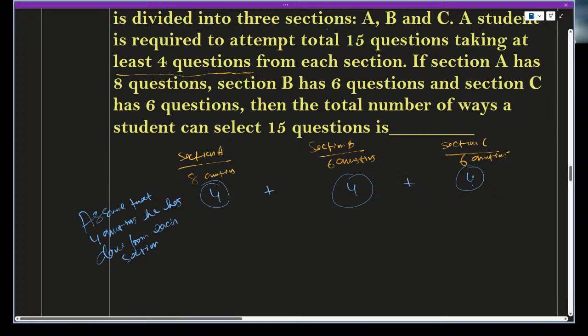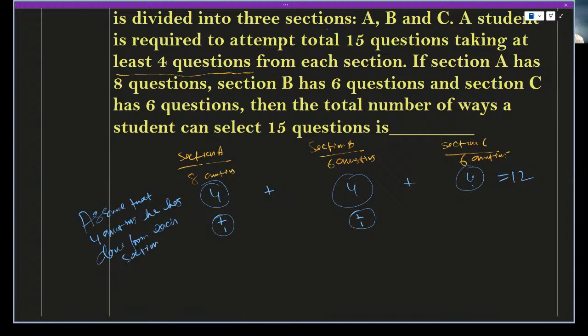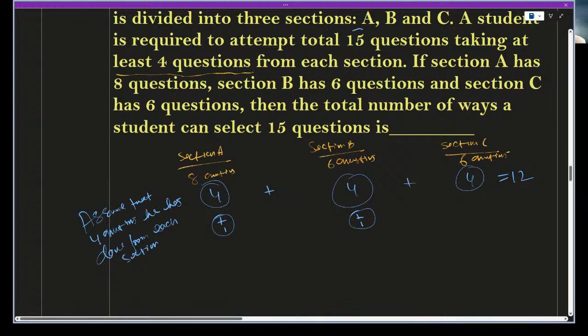So 4 plus 4 plus 4, how many? 12 questions are answered. Then the situation may be like this: plus 1 from here, plus 1 from here. How many do they need? 15. They have given that 15 have to be answered. Plus 1 is there.